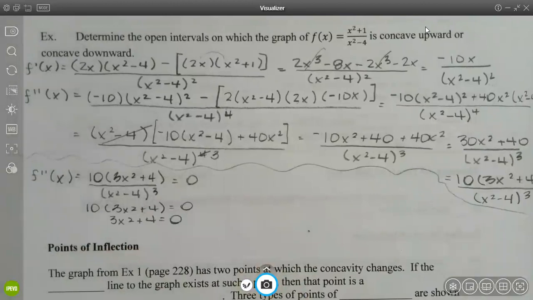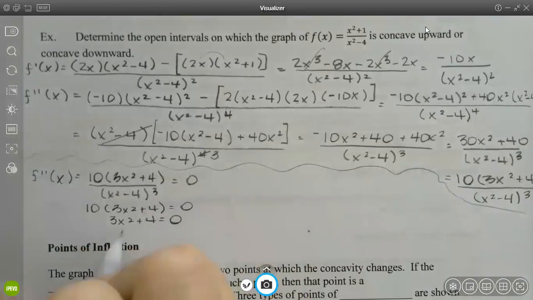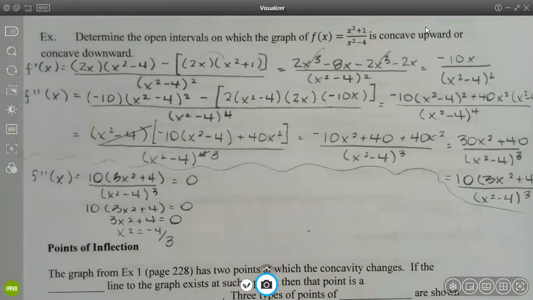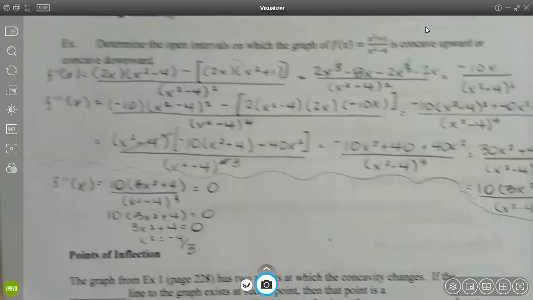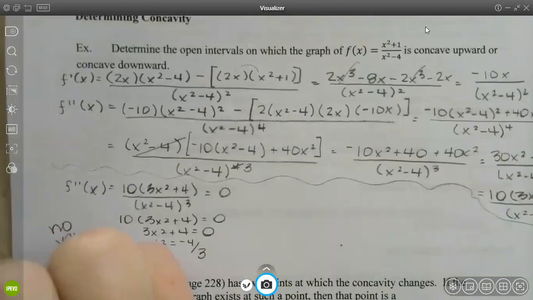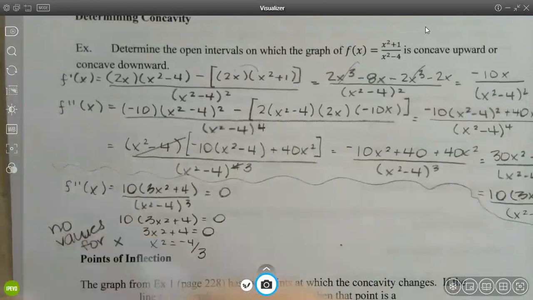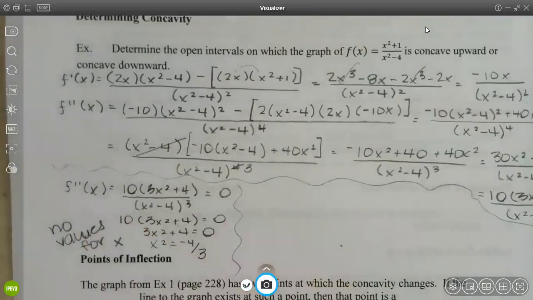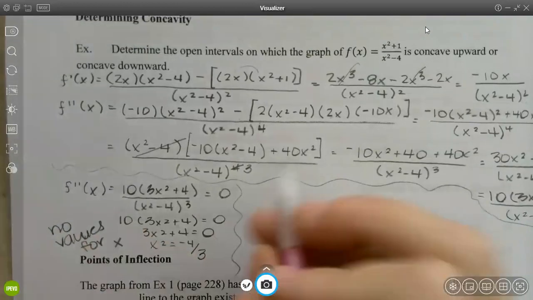And then what happens? Subtract the 4, divide by 3. What's wrong with this? No values for x here. What's the other thing I need to check? The denominator. So what was our denominator?